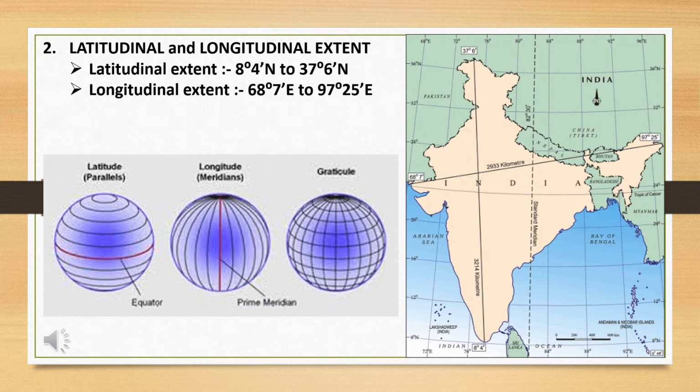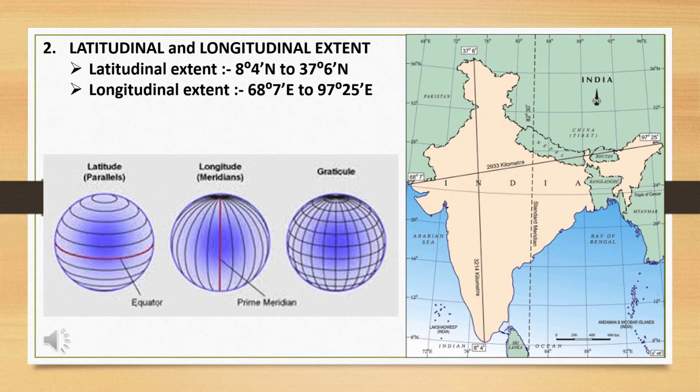westernmost longitude. So here on the map, you can see that the southernmost latitude of India, which is passing through Kanyakumari, which is the southernmost point of India mainland, is 8° 4 minutes north, and the northernmost value of the latitude is 37° 6 minutes. So this is the latitudinal extent of India.